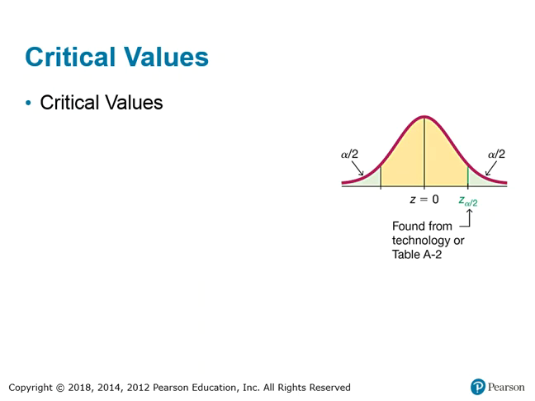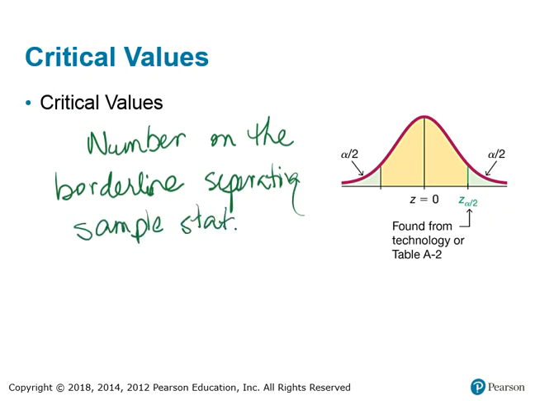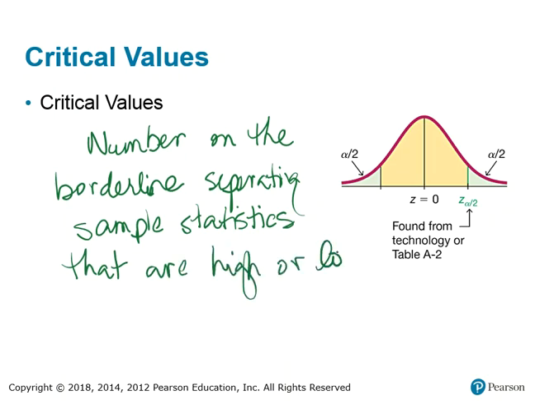So a critical value is a number on the borderline separating the sample statistics that are either high or low from those that are not significant.